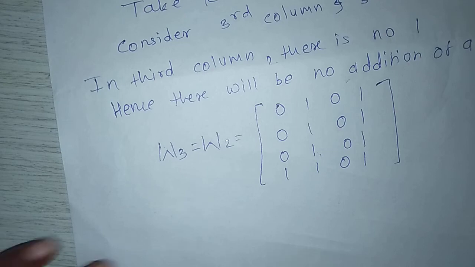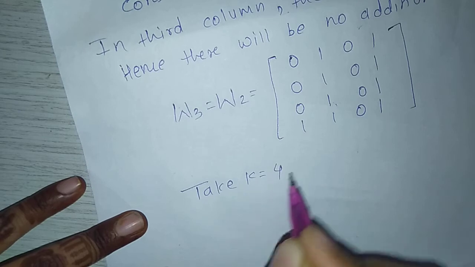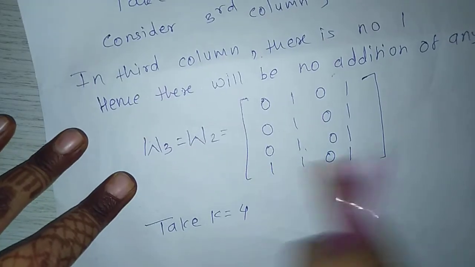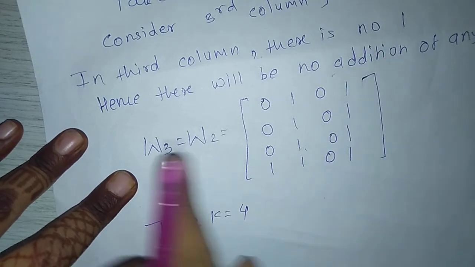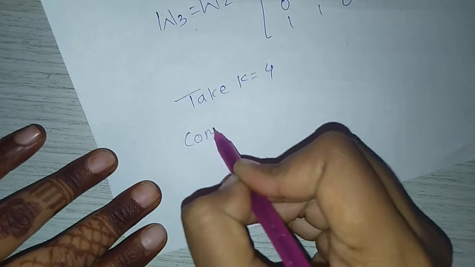Now take k equal to 4. K equal to 4 means consider fourth row and fourth column of W3.